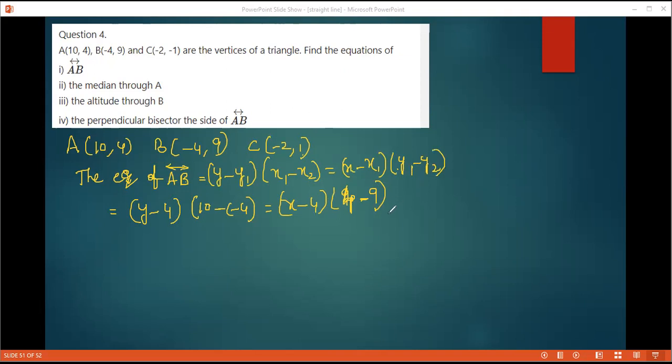Here y1 is 4, x1 is 10. So we get (y - 4) into (10 + 4), which is 14, equal to (x - 10) into (4 - 9), which is -5.